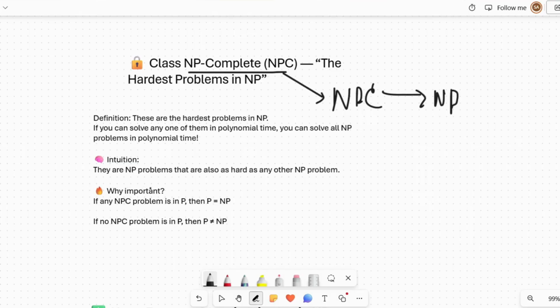They are NP problems that are also as hard as any other NP problems. Why is it important? If any NPC problem is in P, then P equals NP, and if no NPC problem is in P, then P does not equal NP.